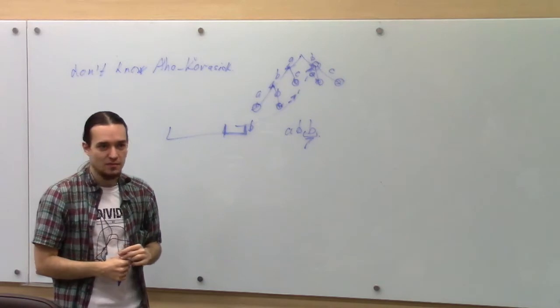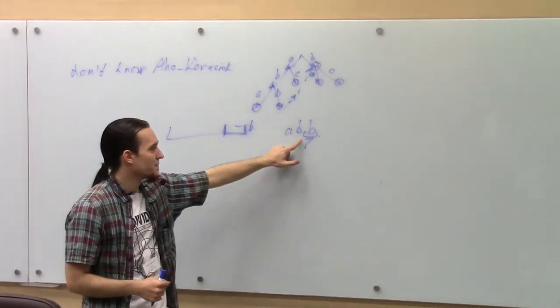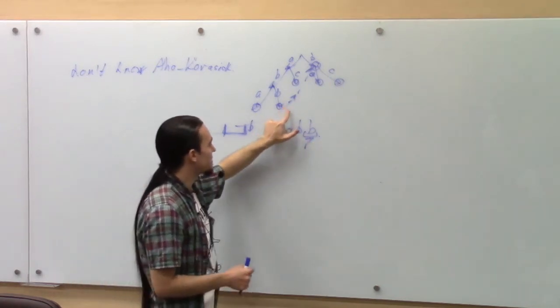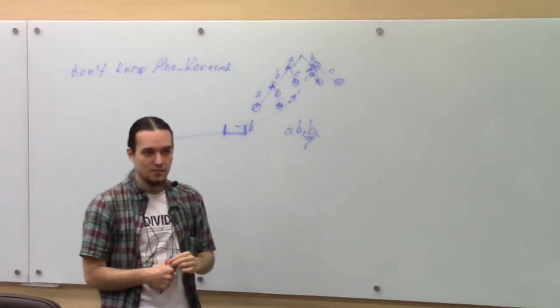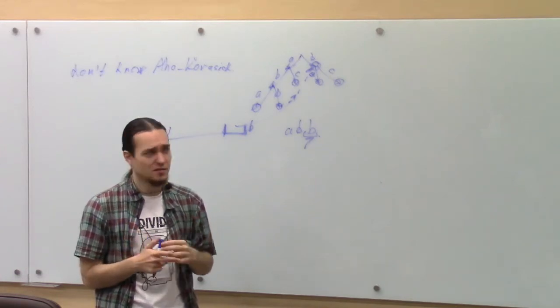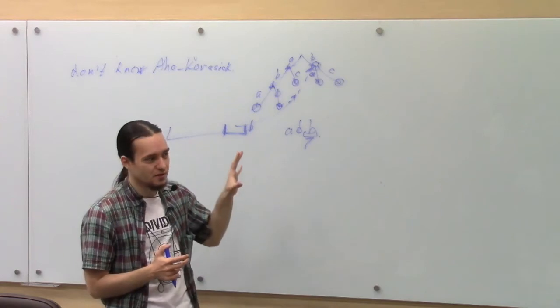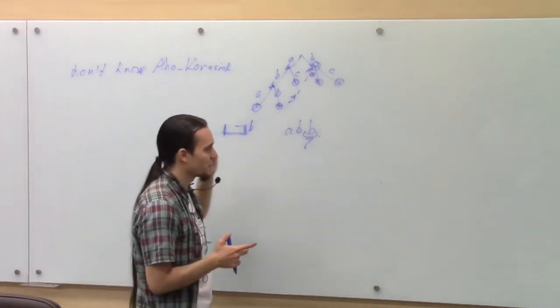So this is the next longest suffix of this string that occurs in the trie as well. This is an important concept, the suffix link, and it's going to occur further in the suffix automaton that we're going to talk about.